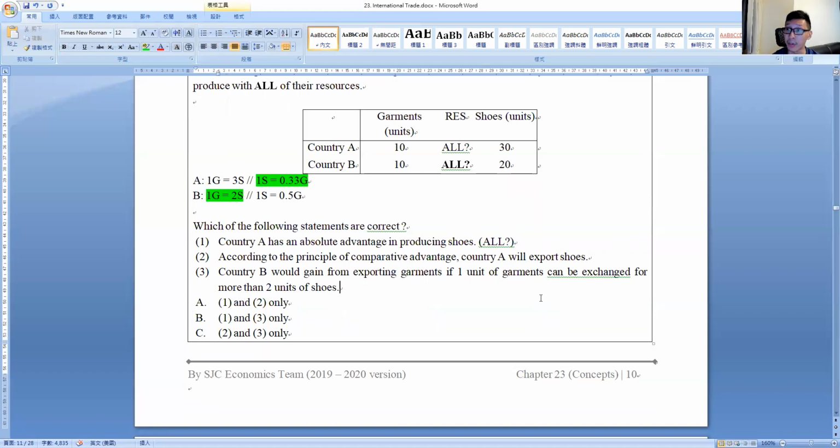We said earlier the range should be bigger than the exporter's cost, otherwise there is no gain. Right now they export garment 1 to 2. If they can exchange for more than 2 shoes, then they will gain. So the answer is 2 and 3. Okay, just like that.